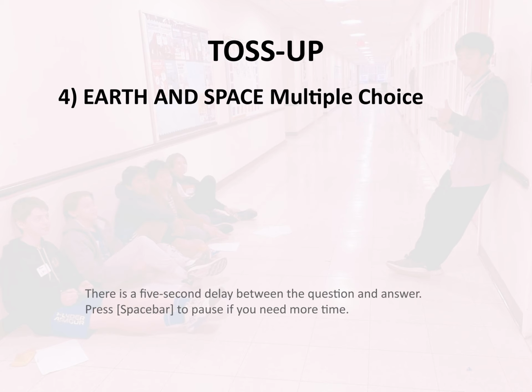Toss-up 4. Earth and space. Multiple choice. Which of the following is generated from temperature changes in the atmosphere? W. Latent heat. X. Sensible heat. Y. Potential temperature. Z. Irradiate heat.